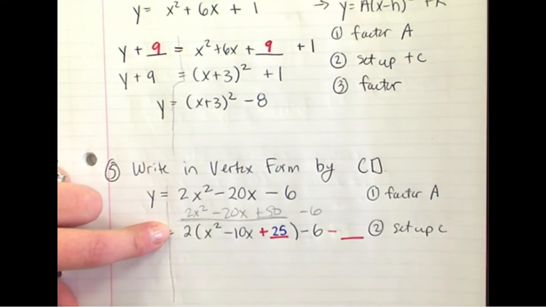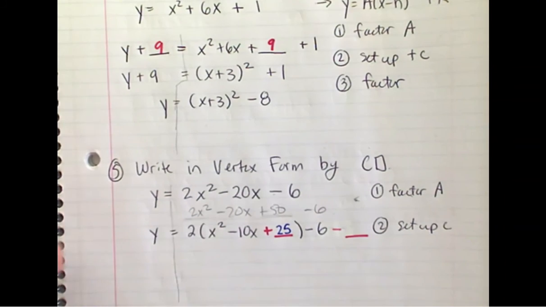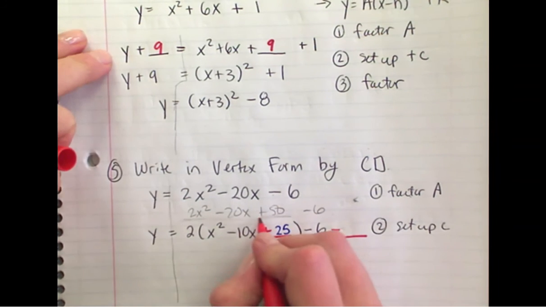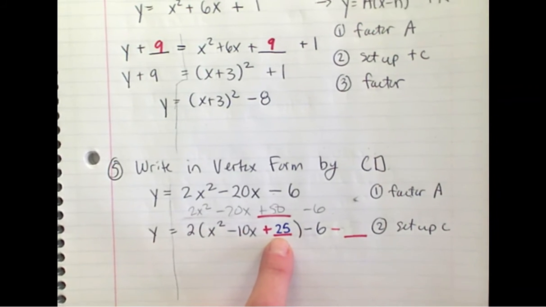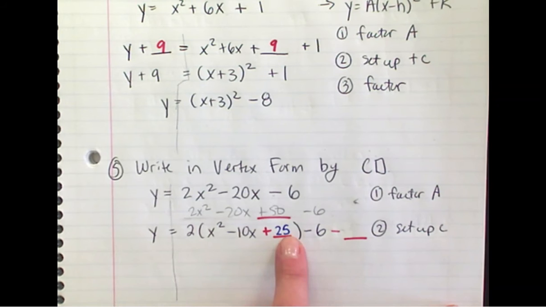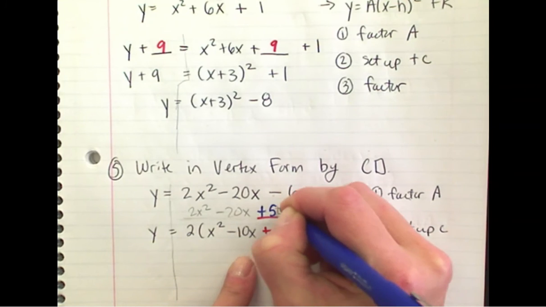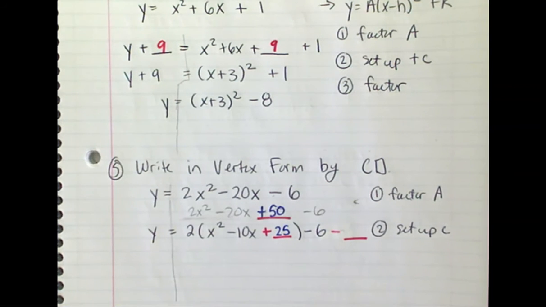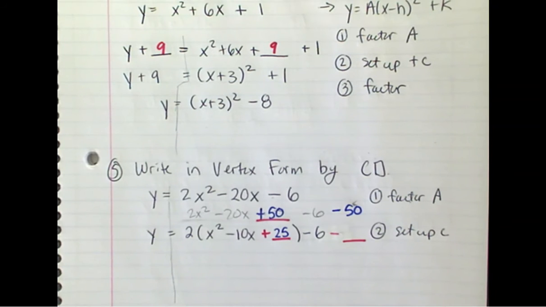How much did I actually add to this? No, how much did I actually write in? It's really a 50, guys. Do you see that times 2 in front? It's really a 50. This first set of parentheses is multiplied by 2. So when I put in a plus 25, I was really adding 50. Means I really need to minus 50.